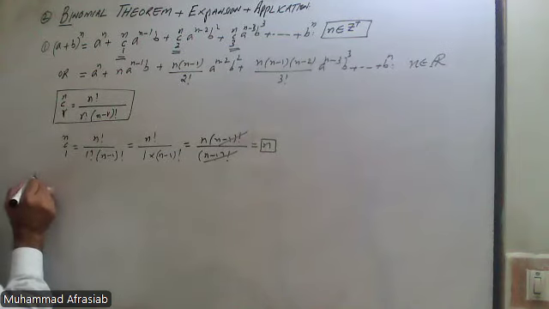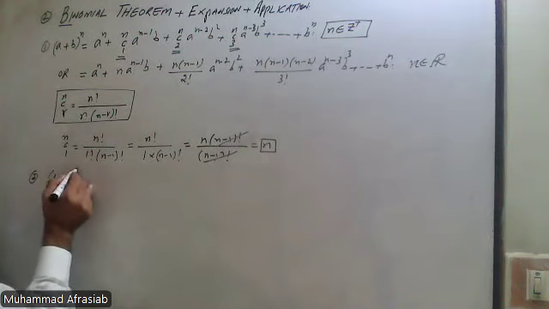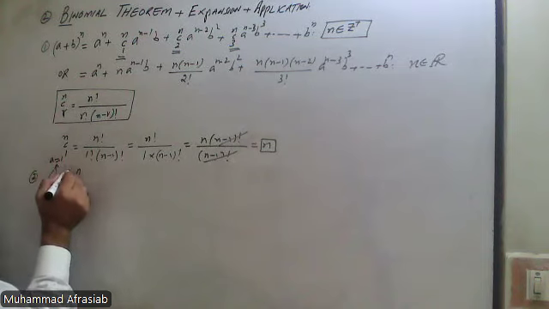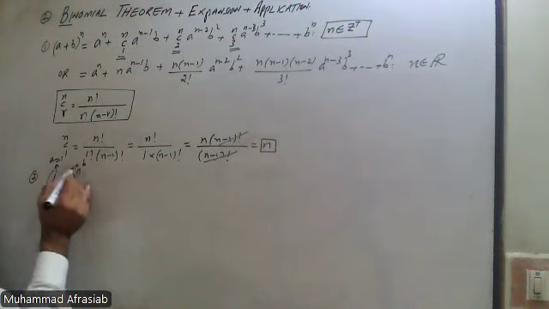Now we have this formula for (1 + x)^n, where a is equal to 1, b is equal to x, and n is as it is.